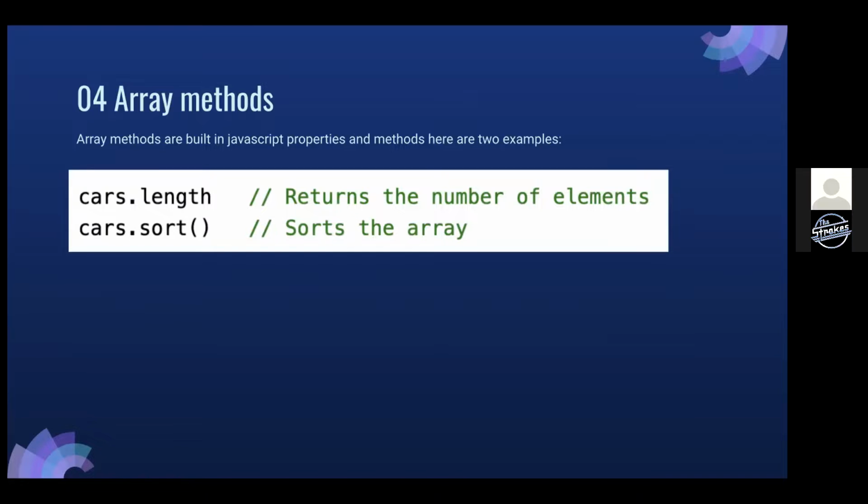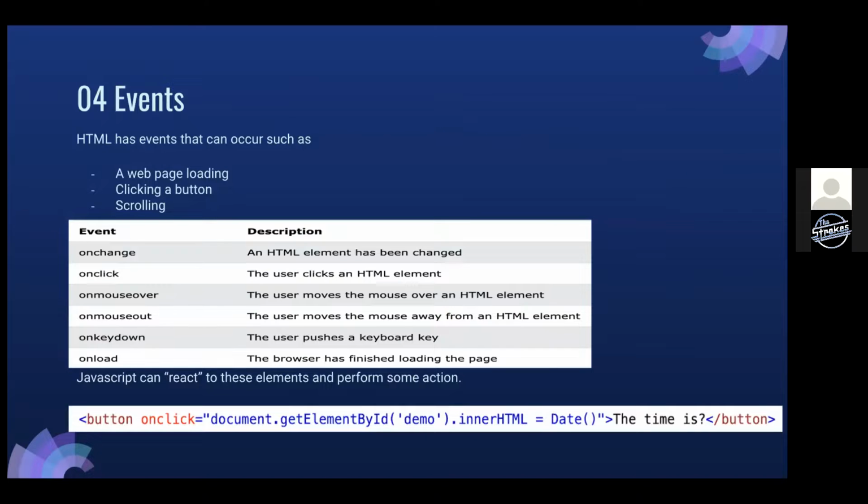So you could use the dot sort method to sort them in order. And I provided a link to all the array methods that you could check out, and you can mess around with them.